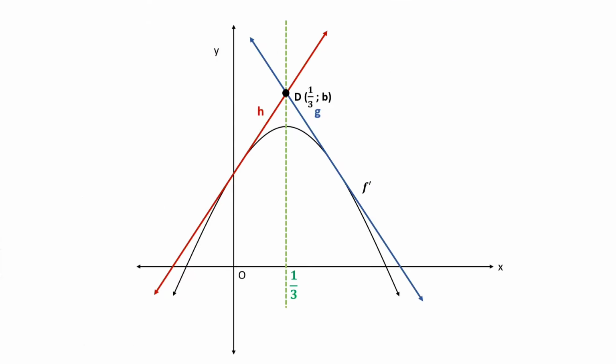So we're looking at these two tangents, h and g, and we have to manipulate them from the point D. We're manipulating the value of b so that these two tangents are not going to be tangents to this graph of f prime anymore.